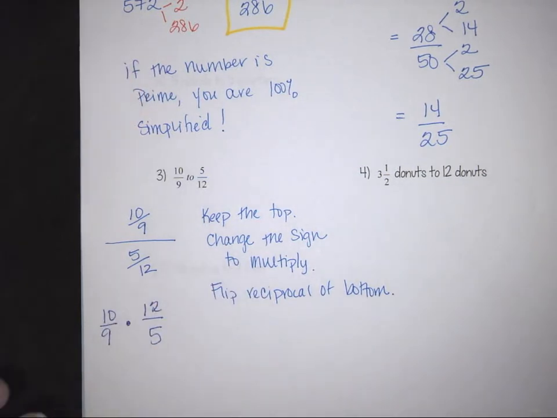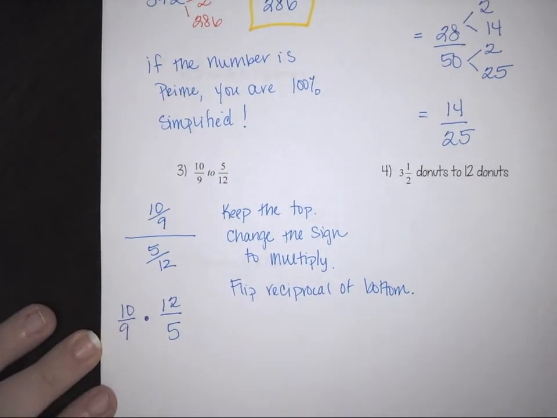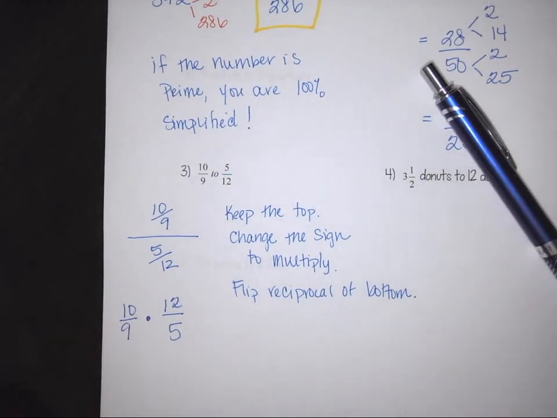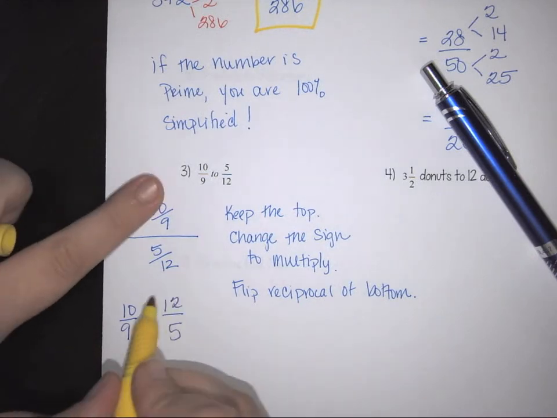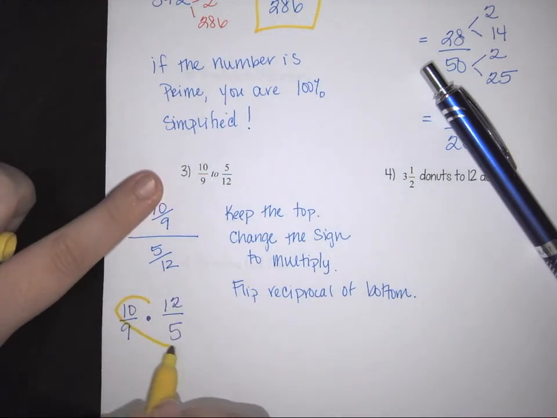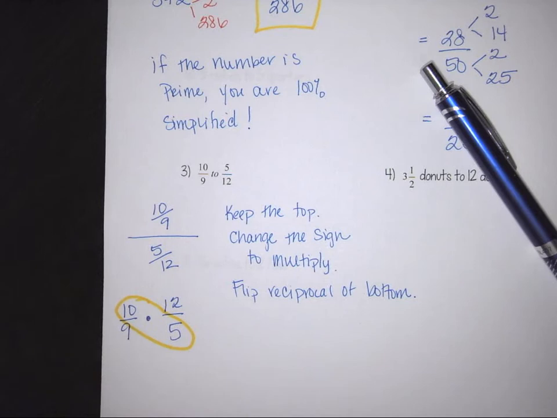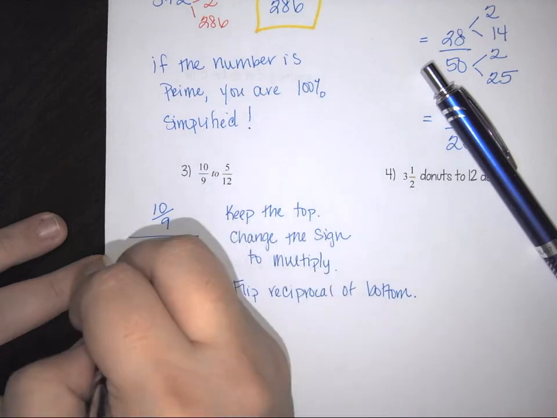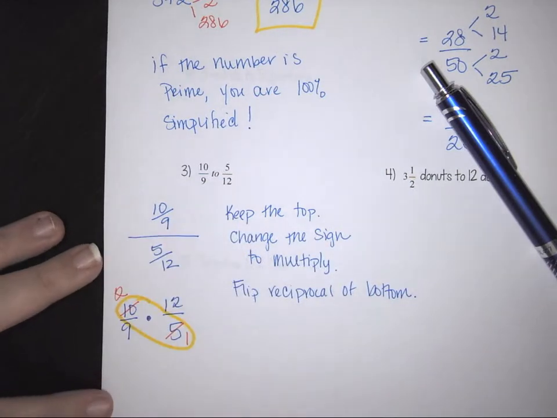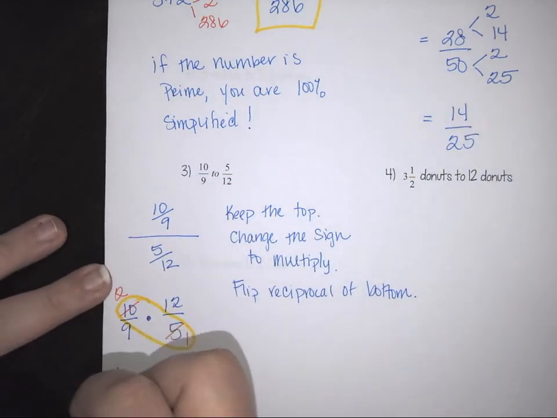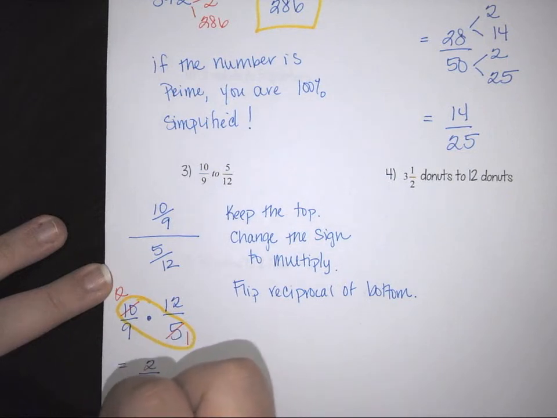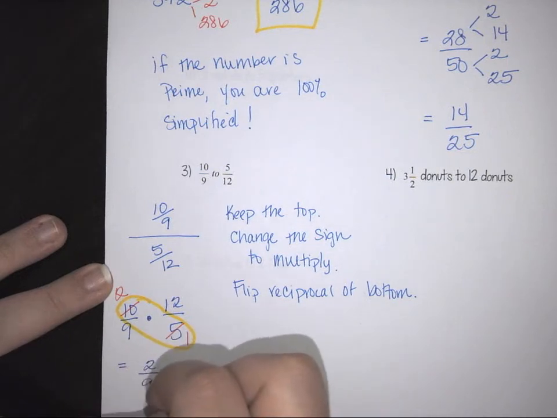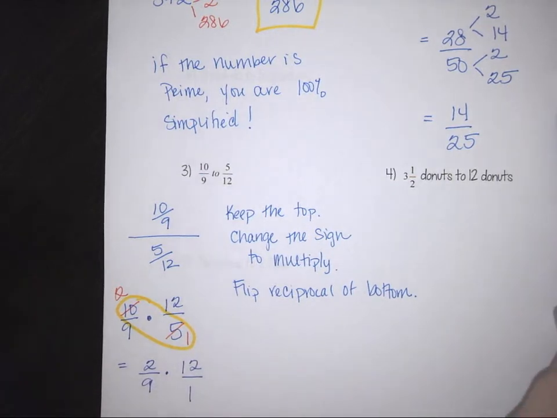Now if we look at it, you should be able to see our good old friendly combinations where we have diagonals that match. So here 10 and 5 can reduce. This becomes a 1 and this becomes a 2, thus making our fraction 2 over 9 times 12 over 1.